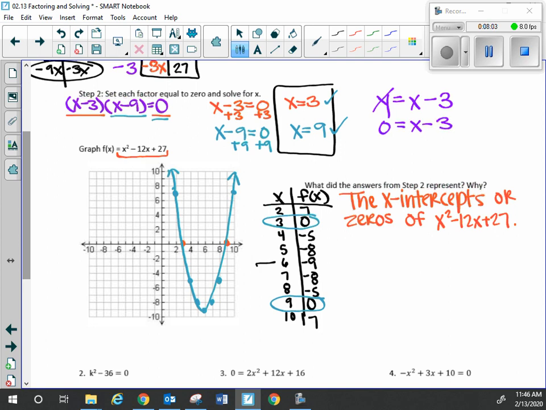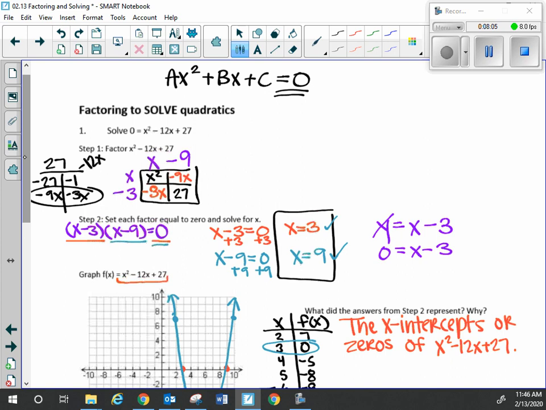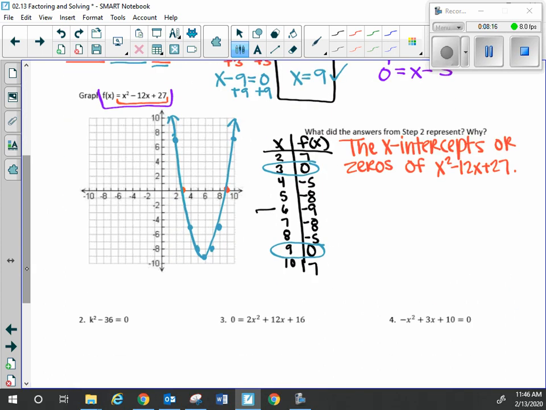Well, in this function, you had f of x, and what got replaced? 0. F of x, which is the same as y, became 0. So you did the exact same thing, because f of x, or y, was set equal to 0. And that's how you find x-intercepts.